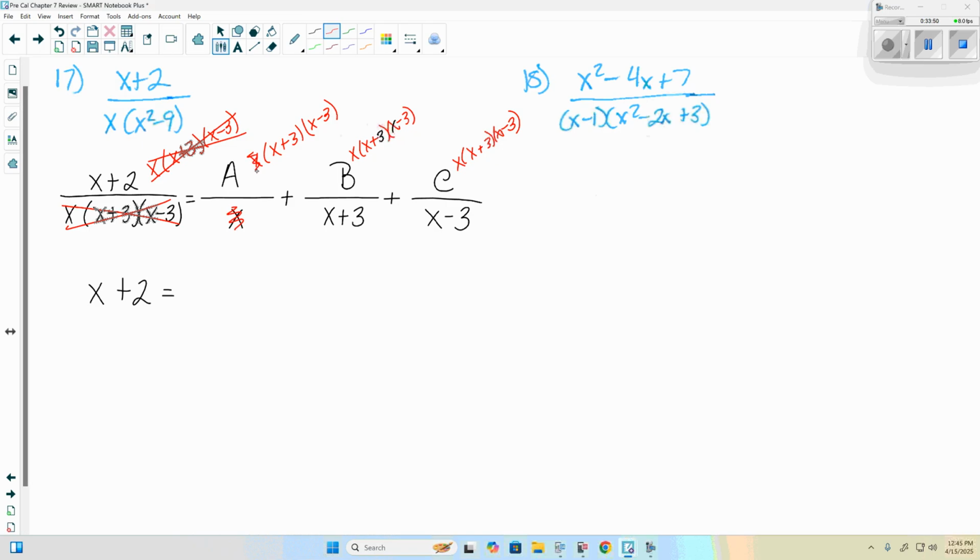In our first one, the x and x will cancel, telling us that we have A times x plus 3 times x minus 3. Plus, in the middle, the x plus 3 and x plus 3 will cancel, leaving us with Bx times x minus 3. Plus, lastly, the x minus 3 and x minus 3 will cancel, telling us that Cx times x plus 3 is all that we have left.